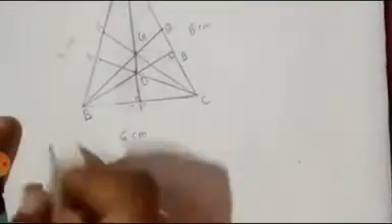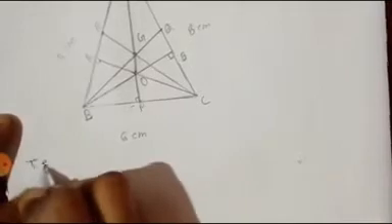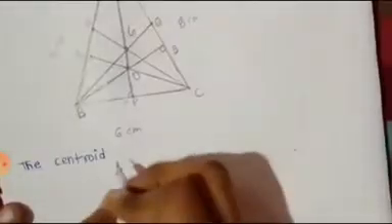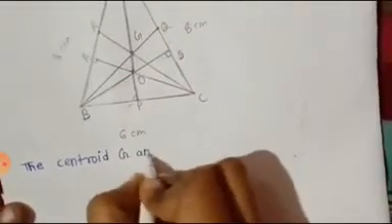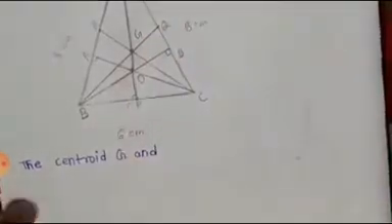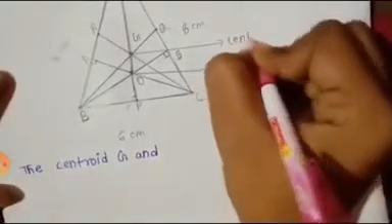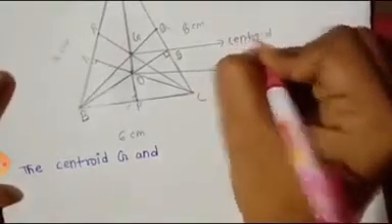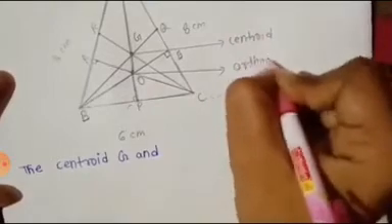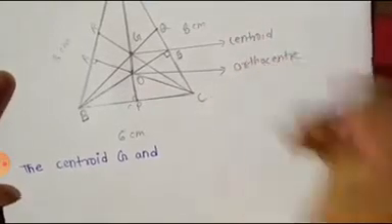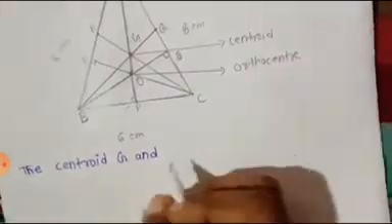So labeling the diagram, this is the centroid and this is the orthocenter. G denotes centroid and O denotes orthocenter.